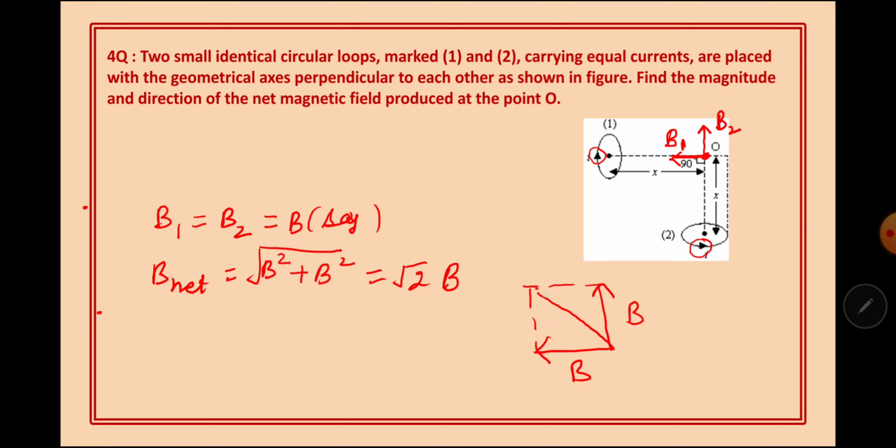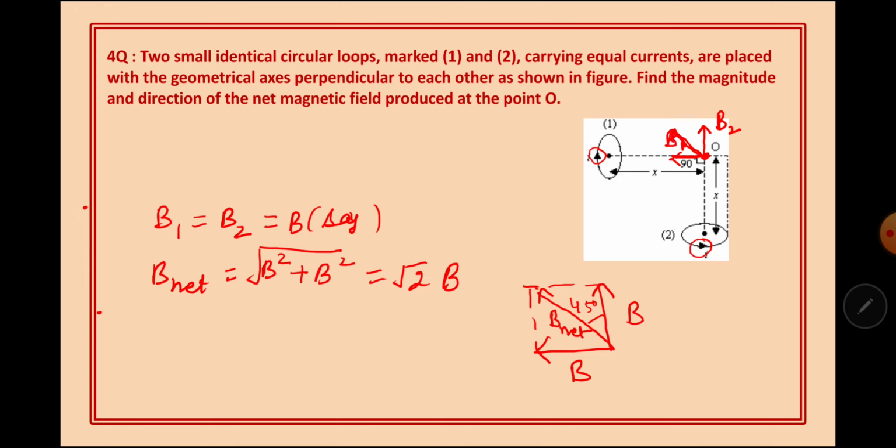So this is going to be the net value of field. This is B net. It will be exactly making an angle of 45 degrees with both of them, because both the vectors are equal in magnitude. So the direction of the field will be at 90 degrees. So it will be here.